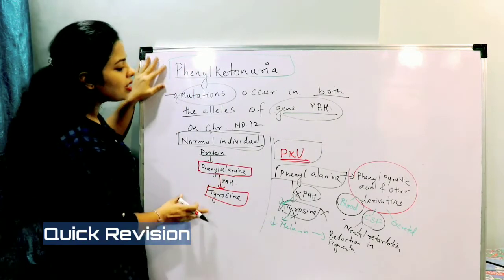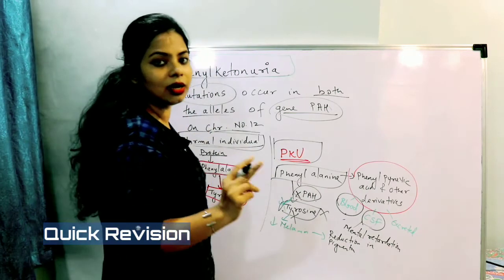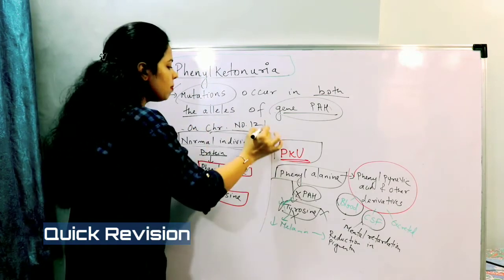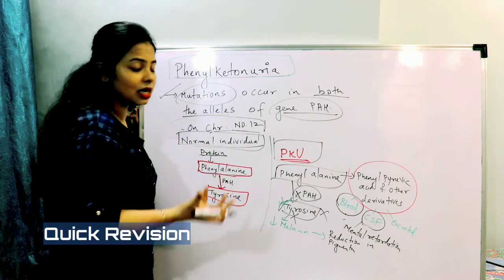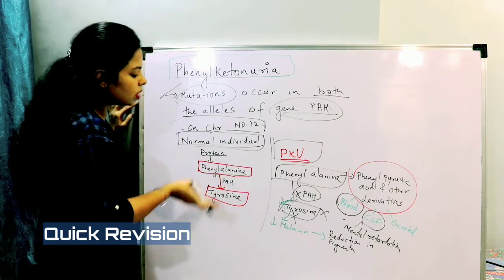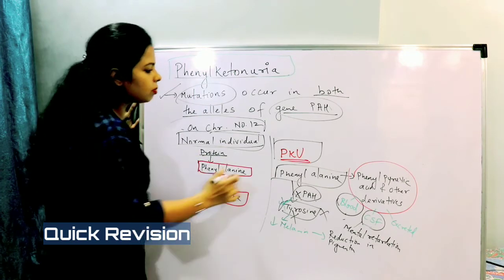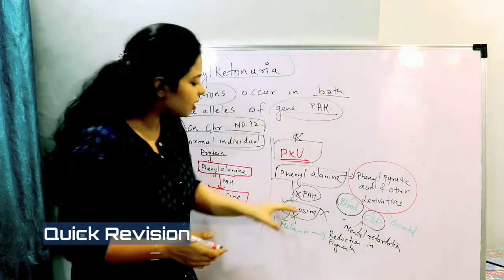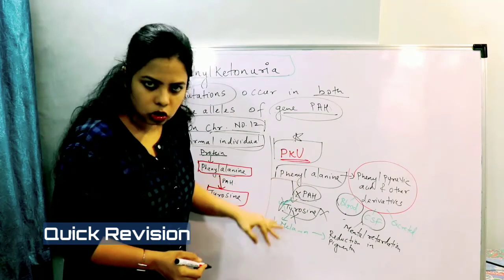So phenylketonuria is basically caused due to mutations in both the alleles of the phenylalanine hydroxylase gene present on chromosome number 12. Phenylalanine hydroxylase basically converts phenylalanine into tyrosine in a normal individual. But in PKU, since this gene is mutated, phenylalanine hydroxylase is not produced, and thus there is no conversion.